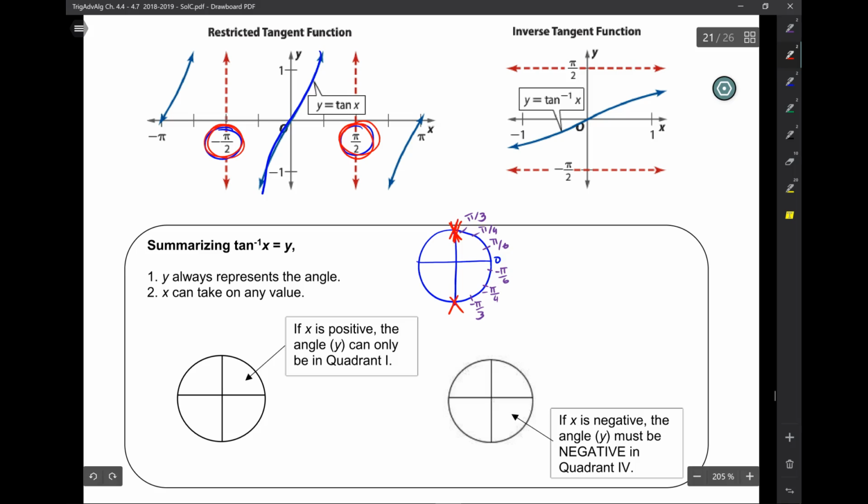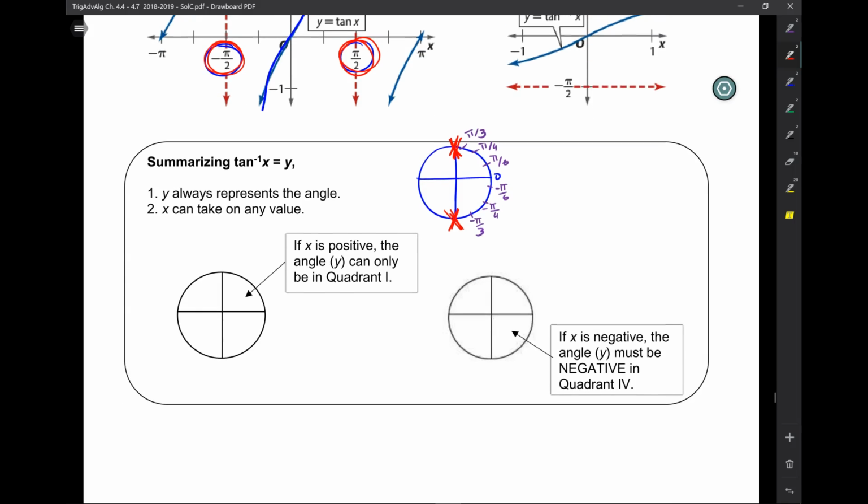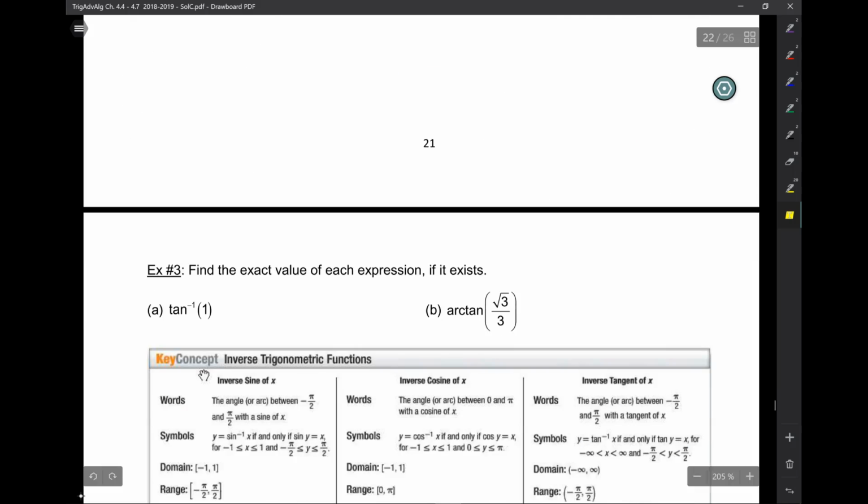You just throw them away, and so you have 7 instead of the 9. And again, if x is positive, quadrant 1. If x is negative, quadrant 4. Very similar to the sine. So let's do a couple.